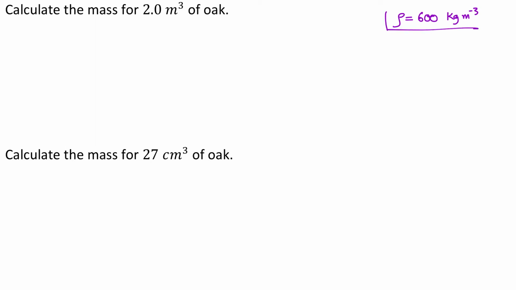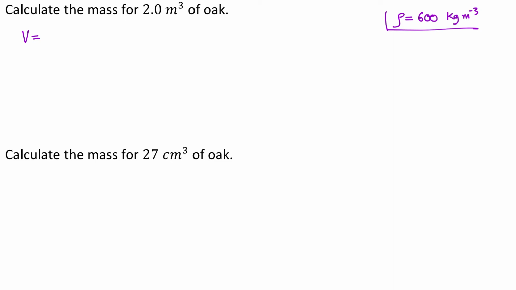And the value that is given to us here, 2 meters cubed, as soon as we look at the unit, we should be able to identify that either as mass or as volume. Since it's meters cubed, and it makes sense because it's a solid, it's meters cubed and not liters or milliliters, this is going to be our volume.